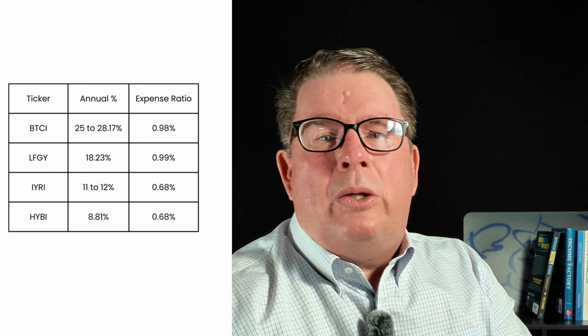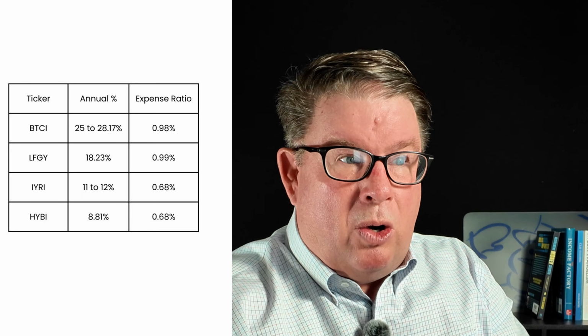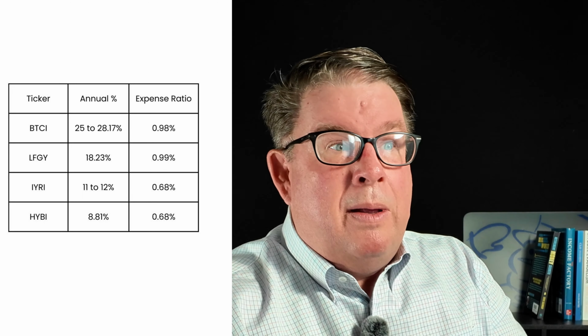Now, let's get into the alternatives. My alternatives are BTCI. It pays between 25 and 28%. It does have a higher expense ratio of 0.98. I also have LFGY. This has a lot of miners in it. It pays weekly. It has IBIT in it.